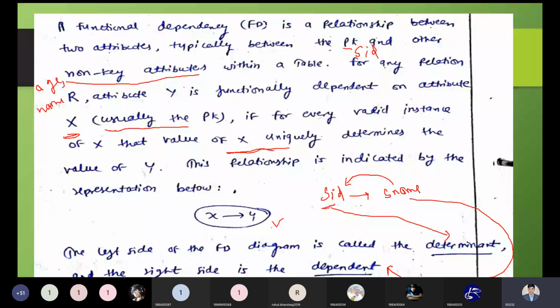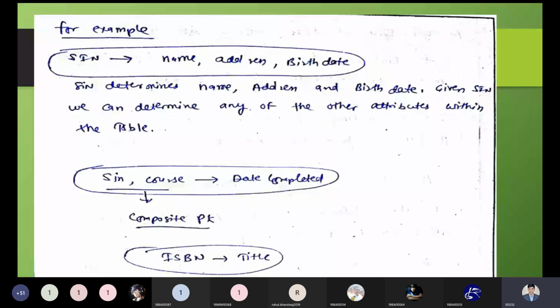Now, is it clear to all right now? Yes, sir, clear. Okay, good. So here we have an example, as I told you. Suppose SIN, the student identification number, determines the name, address and birth date.